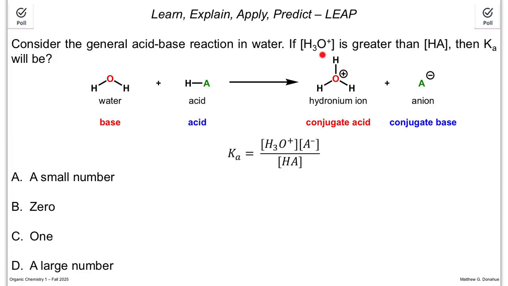So if we say hydronium is greater than HA, let's just call that 1,000. We'll call HA 1. So 1,000 divided by 1, that's going to get you a large number. We don't need any specific thing. We just want to see how that falls out of the equation.